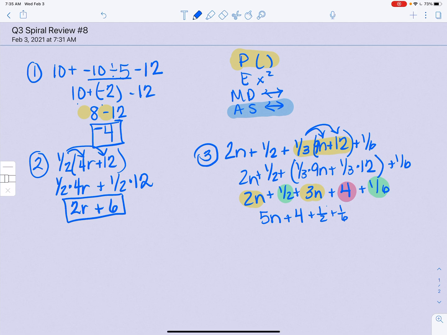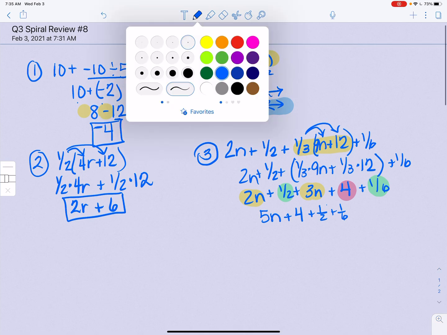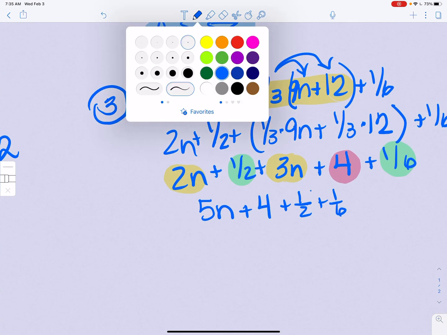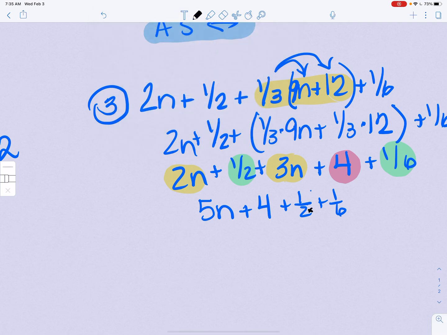Now, in order to add these fractions, I have to make the common denominator. So this one I'm going to turn into 6 by doing times 3. Once I've done that, then my denominator on both of them is 6. So I'm bringing down 5n plus 4. It hasn't changed. The 1 times 3 is 3 over 6 plus 1 over 6.